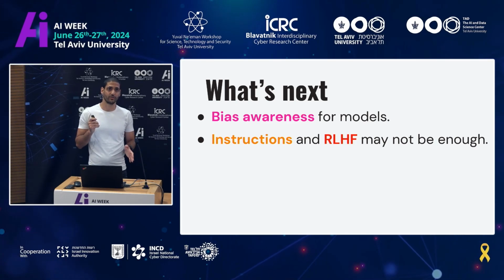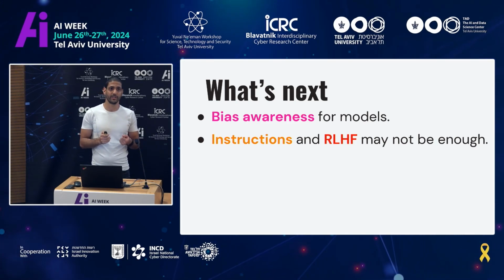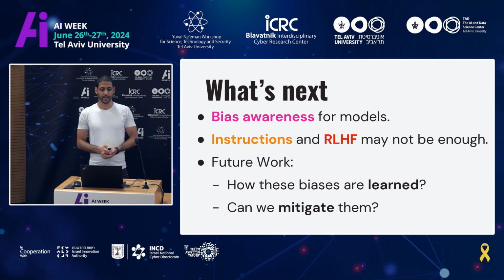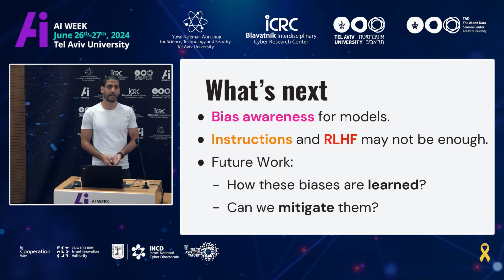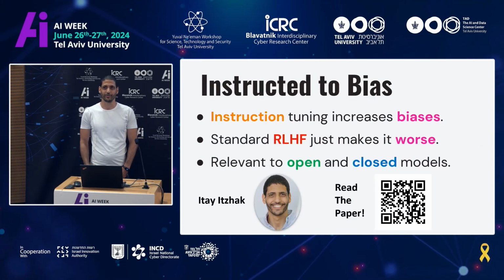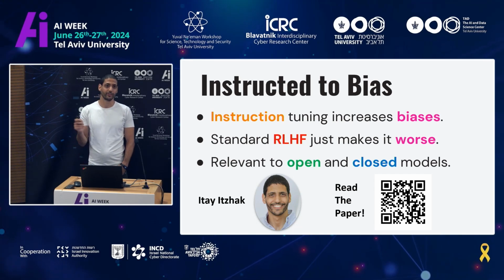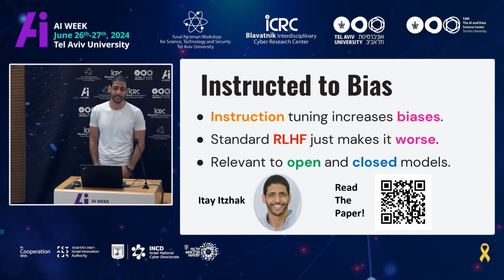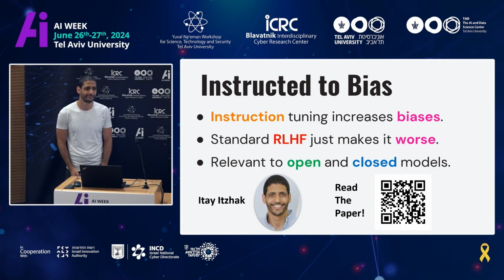Second, instruction tuning and RLHF may not be enough as an alignment method to make the best models. For the future, we're working right now on trying to understand how these biases are exactly learned and whether we can mitigate them. And that's all I got for you for today. Beware of hidden biases in your models. They are there even if you can't see them. Thank you so much. I'm here for questions.